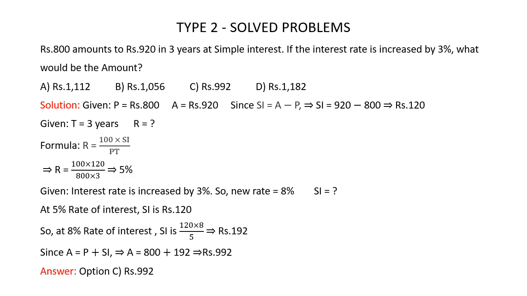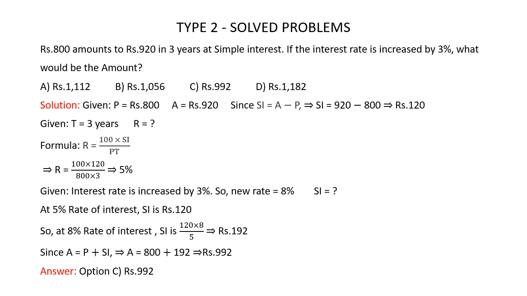Now it's given that the interest rate is increased by 3%. So the new rate of interest is 5 plus 3, that is 8%. Now here we are asked to find, if the interest rate is increased by 3%, what would be the amount? Now to find the new amount, first we have to find the new simple interest at the new rate of interest of 8%.